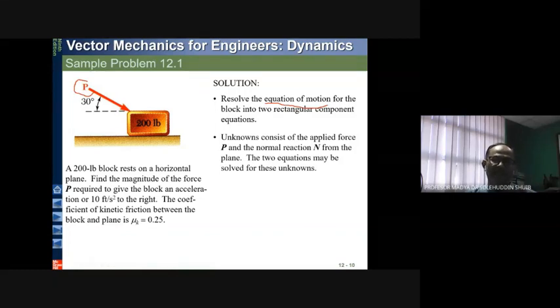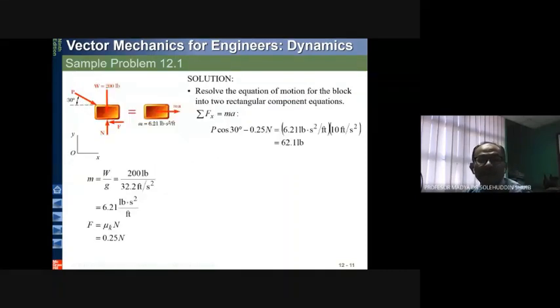If you start this one wrong, the rest is not acceptable, because you start with the wrong equation. Then this is what I mentioned just now. We start with writing the equation of motion.